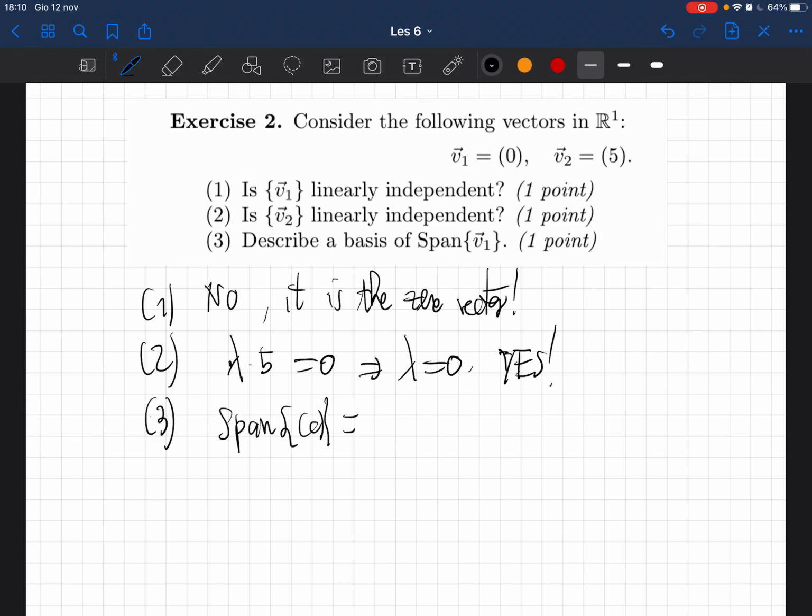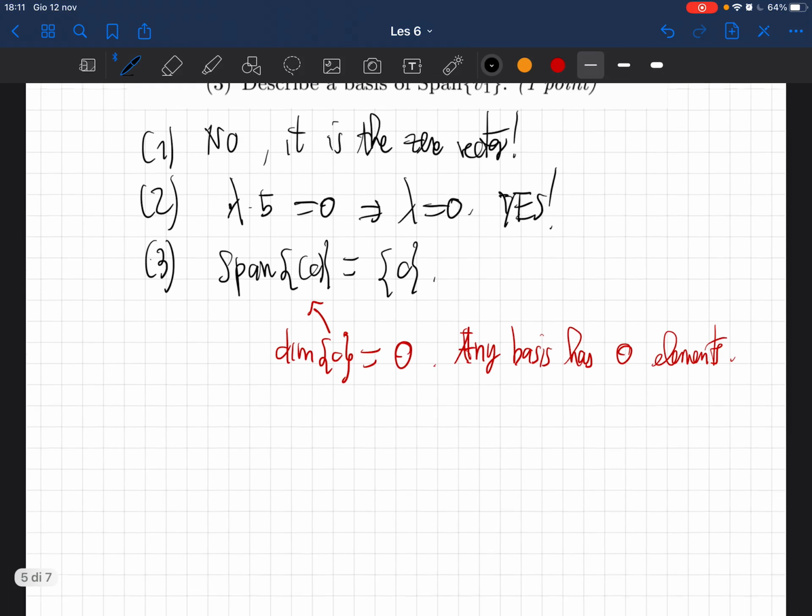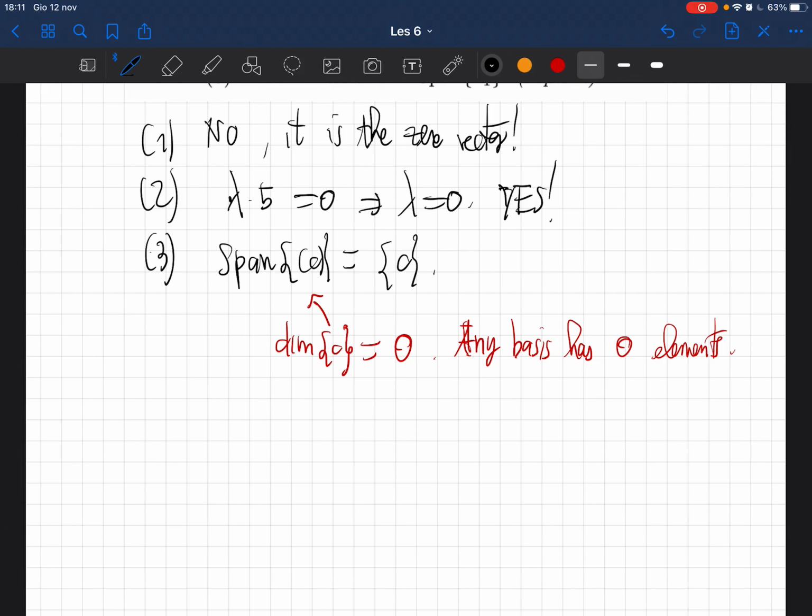So what should be the dimension of this space? We should accept that the dimension of the trivial space is 0. So any basis has 0 elements. It has to be a set with 0 elements, and a set with 0 elements is the empty set.